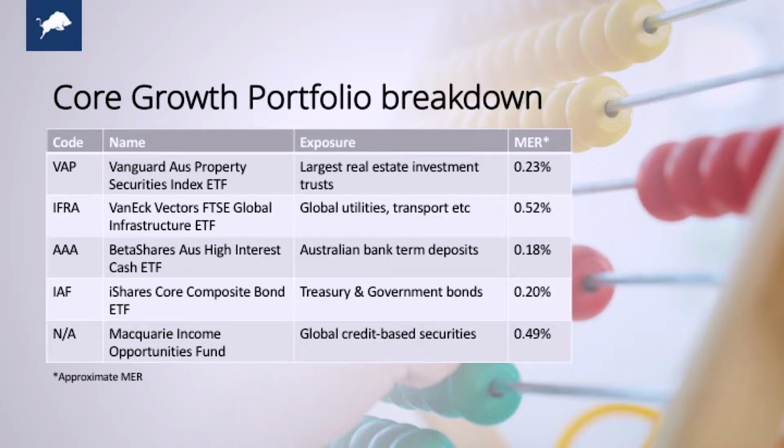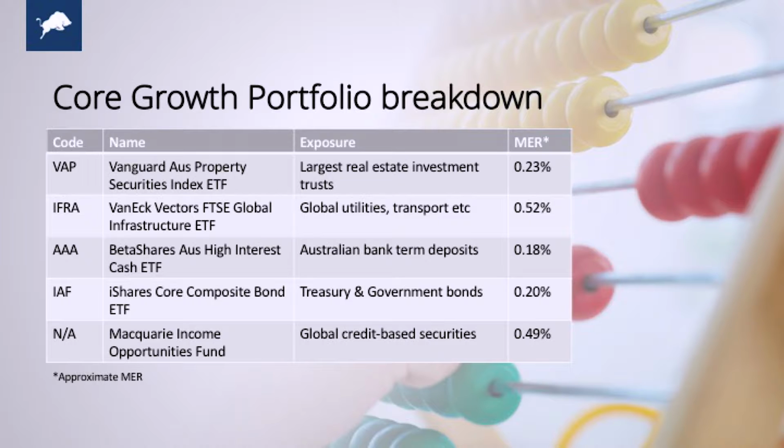Now, when it comes to the cash component that we use, we could go out there and try and find the best term deposits for our clients, or we can do what we've done, which is use AAA, which is the BetaShares High Interest Cash ETF. What these guys do is they go out there and find the best term deposits and put them into this exchange traded fund.